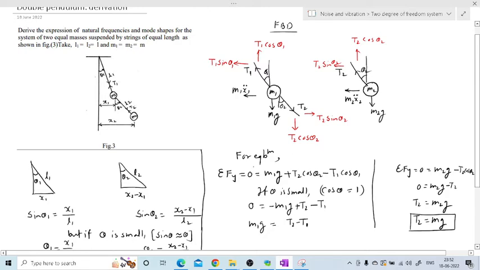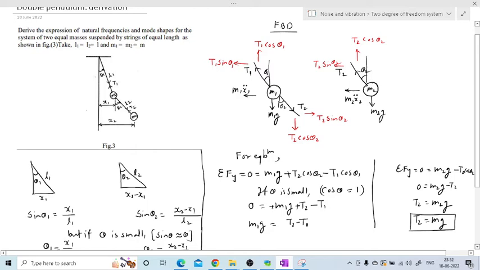See, summation Fy is equal to 0, so here m1g is downward, then T2 cos theta is also downward, and the T1 is upward, so this term is negative, T2 is positive, and m1g is also positive.